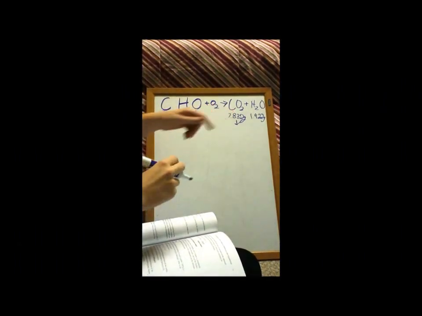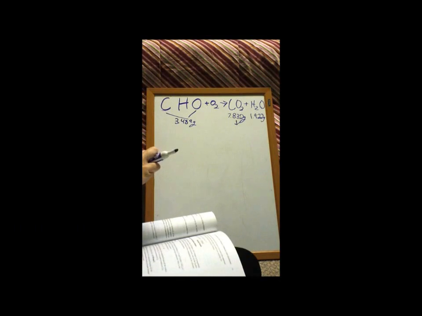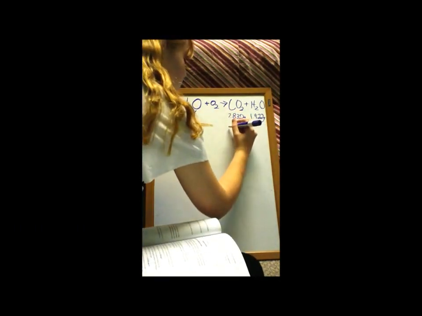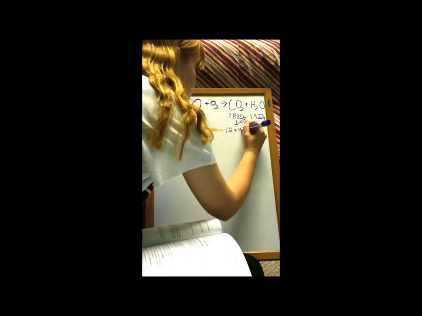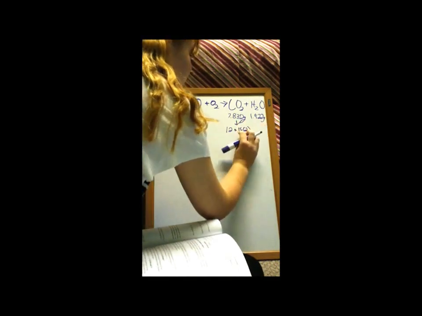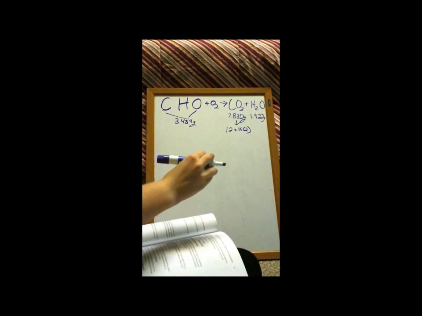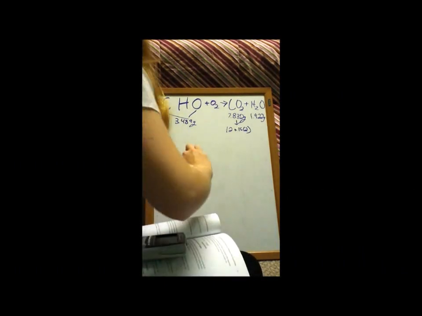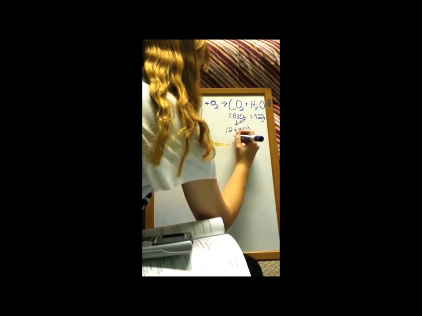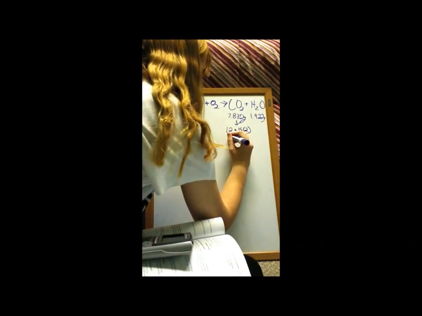So from this 7.832 grams of carbon dioxide, we know that the molecular mass of carbon is 12, and the oxygen, there's 2 of those, and the molecular mass is 16, so that is 32 plus 12, which is 44. So the entire formula mass of carbon dioxide is 44.